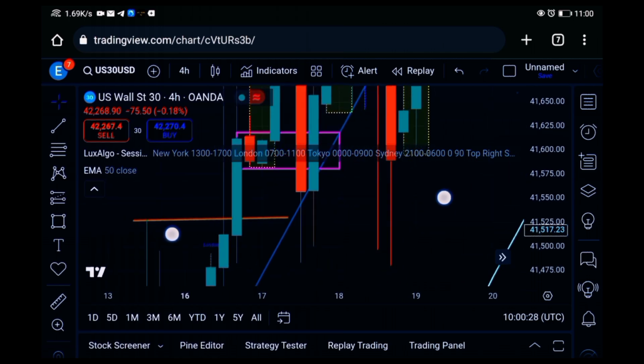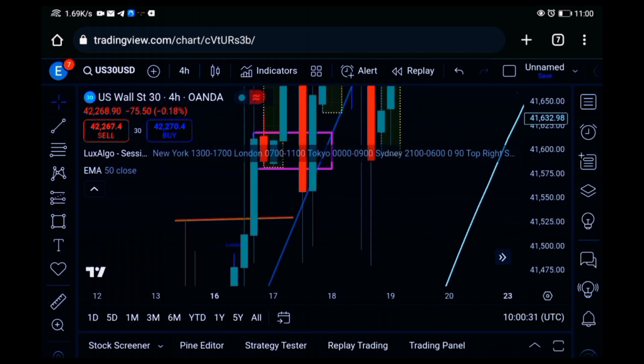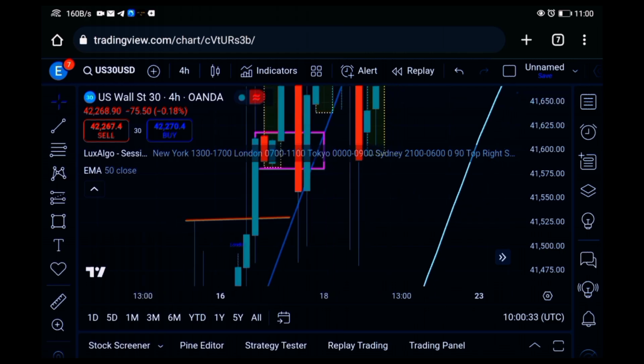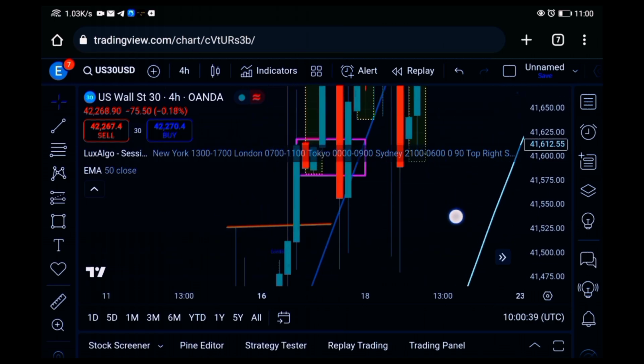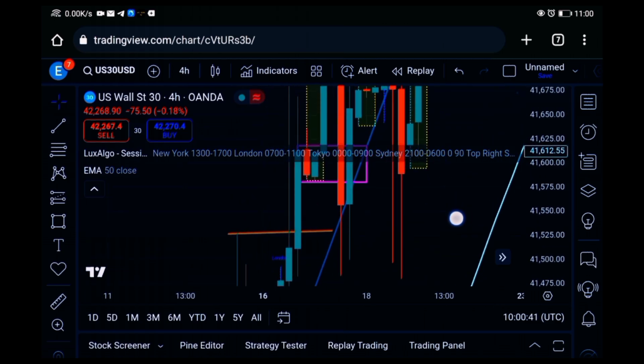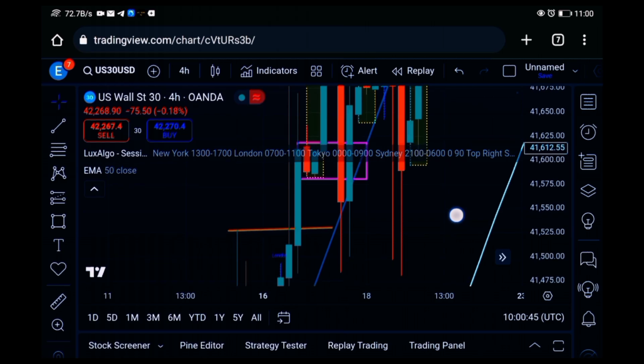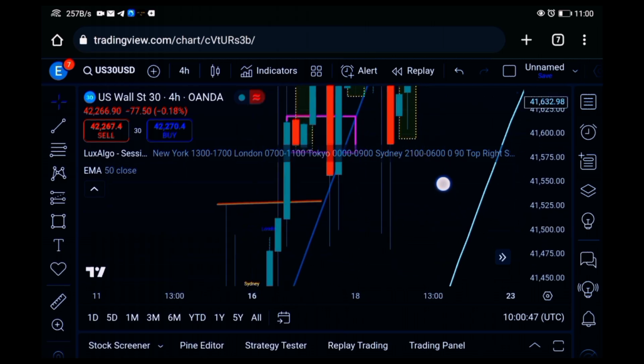So another thing you will do after your indicator is on the chart. Step number one, you should know the trend. How do you know the trend?